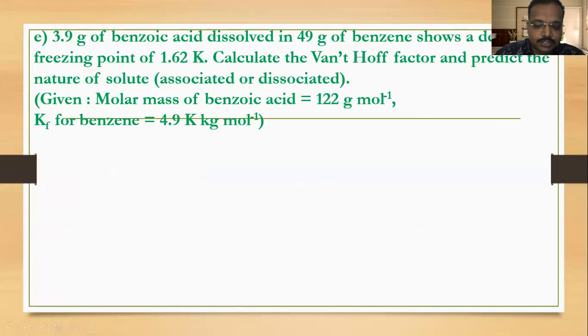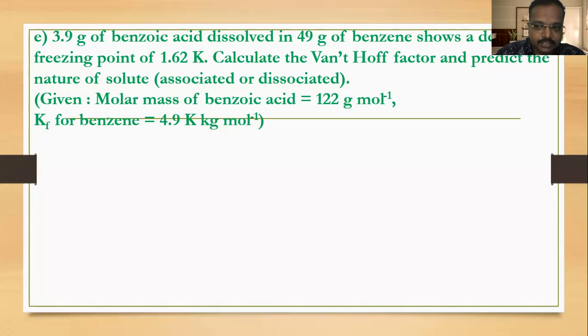Children, remember these questions are all previous year's questions only, so give attention to this. Mostly asked questions, means more number of times. So 3.9 gram of benzoic acid dissolved in 39 gram of benzene.